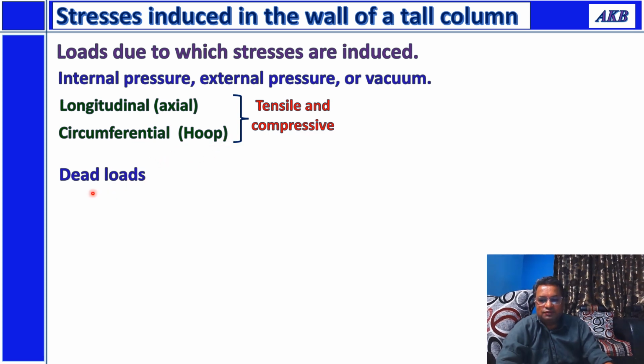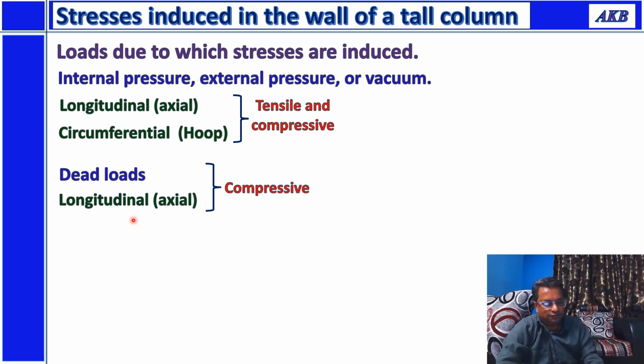Then you have to consider dead loads. So these dead loads are going to produce axial stresses in the wall and they will be compressive in nature. Then you have wind loads.